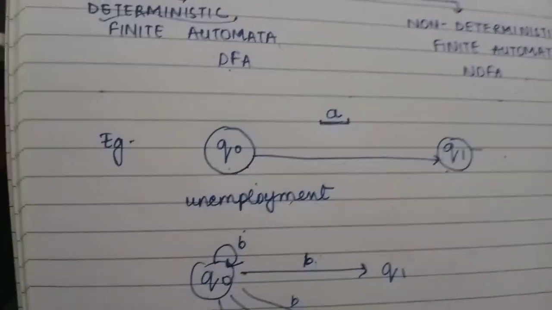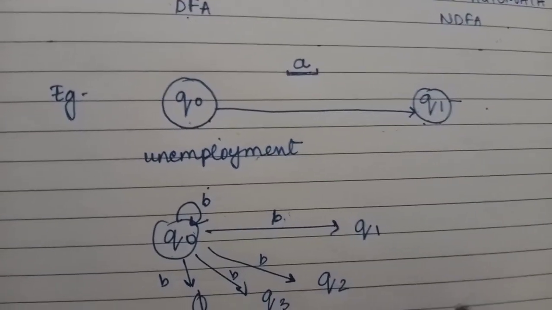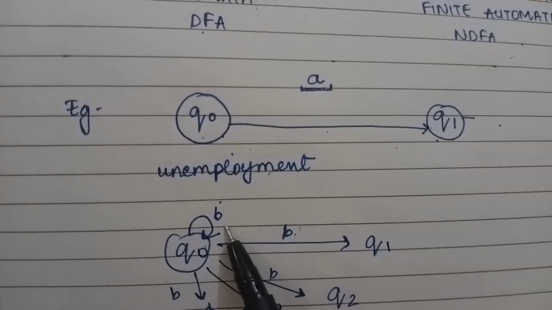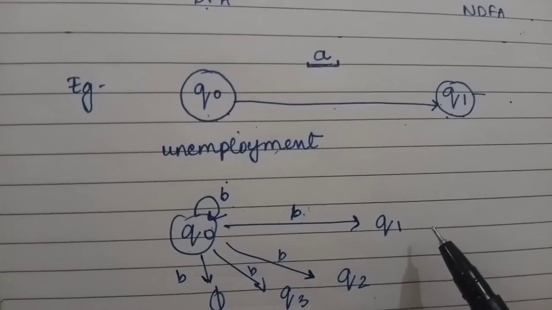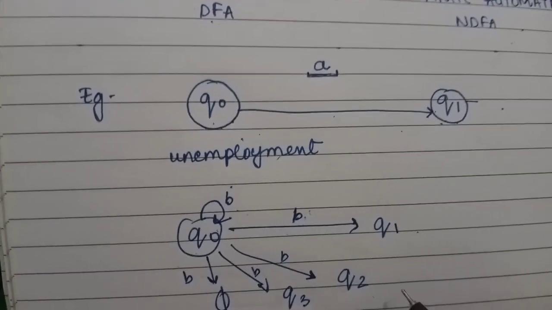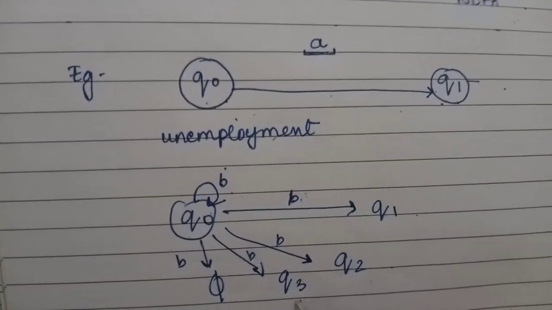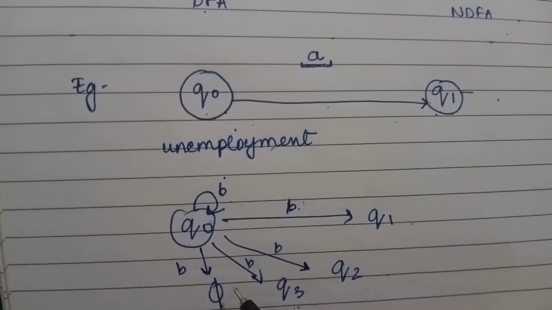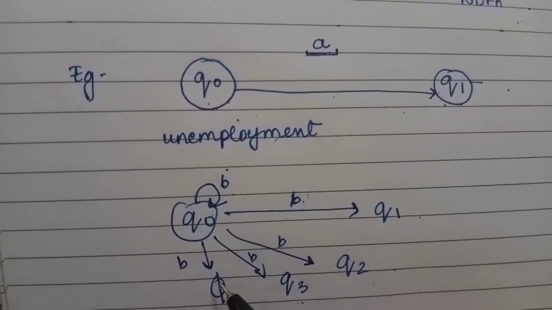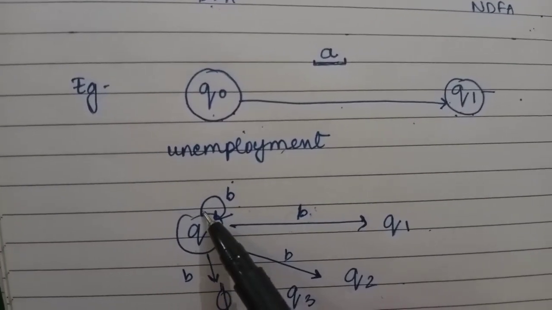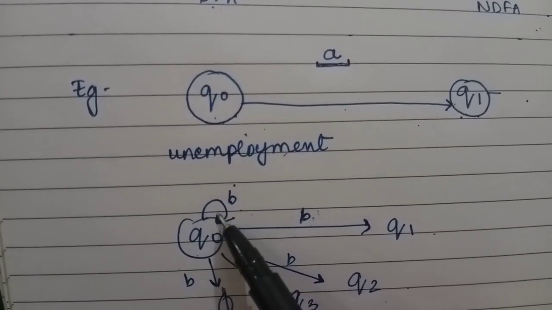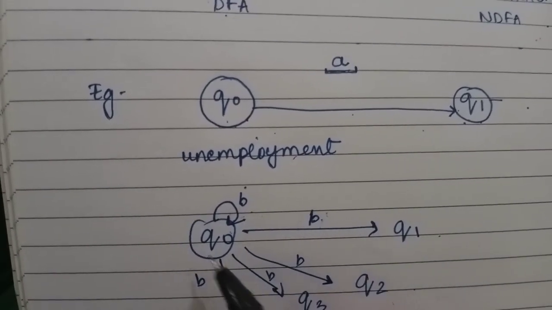On the other hand, let us take the example of another student B who has various options. So he has this company Q1 to apply to, a company Q2, maybe a family business Q3, or maybe nothing. He doesn't want to do anything in life, so phi, or he is in a self loop of unemployment.